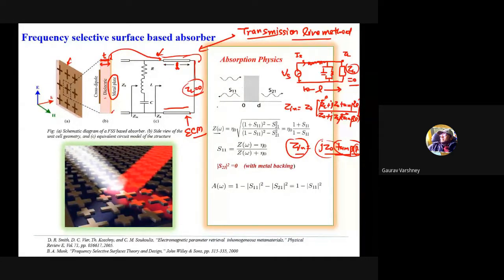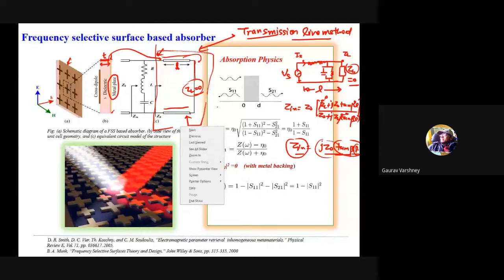I hope you understood this section of the whole circuit. The dielectric spacer is utilized as a transmission line having thickness T or L, and if the metallic plane is placed at the bottom, then this transmission line is short circuited.